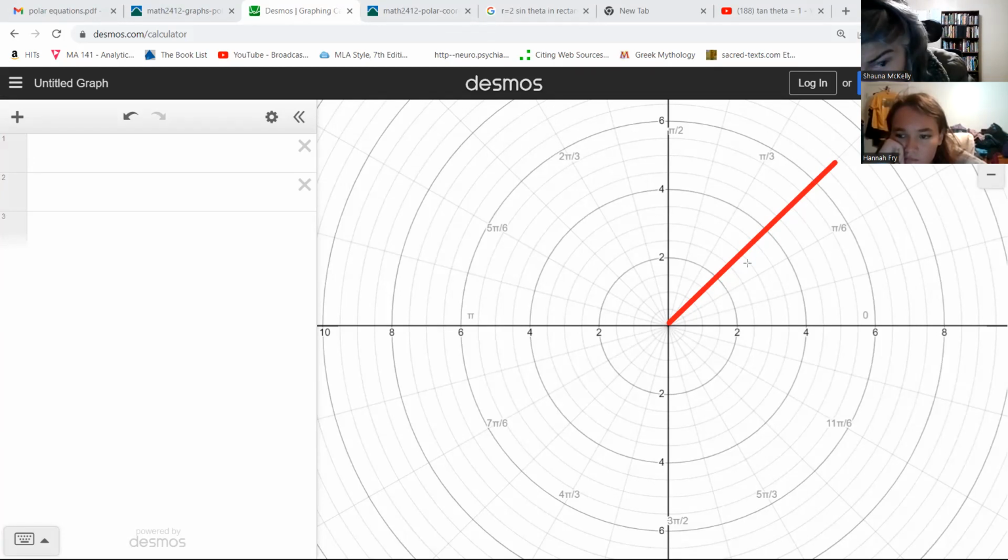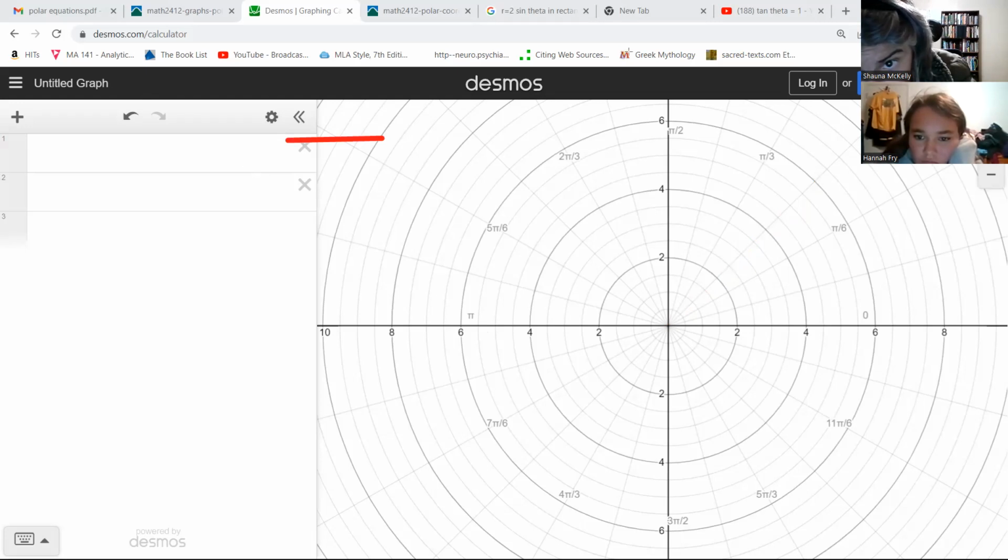Now, if theta is equal to 0 degrees, here's the thing. Remember, 0 degrees is my positive horizontal axis.